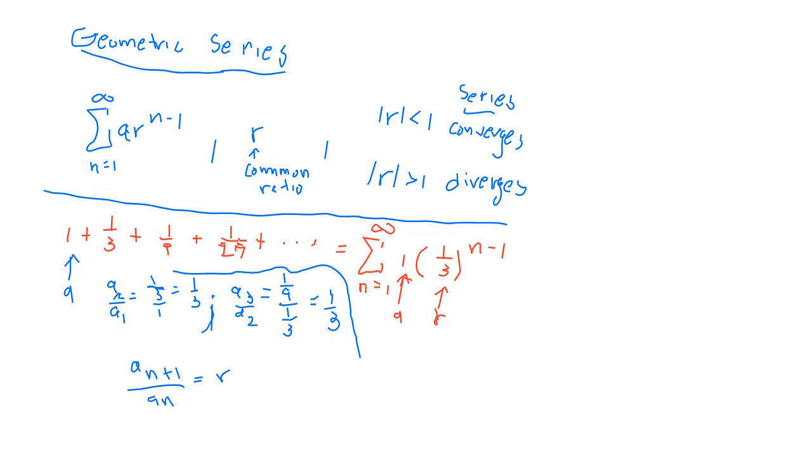Another way of thinking about it is if you take 1 times a third, you'll get a third. If you take a third times a third, you'll get a ninth. If you take a ninth times a third, you'll get 1/27th, and so forth. So this is a geometric series, and will it converge? Well, the common ratio is a third.